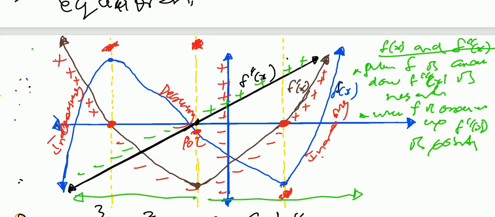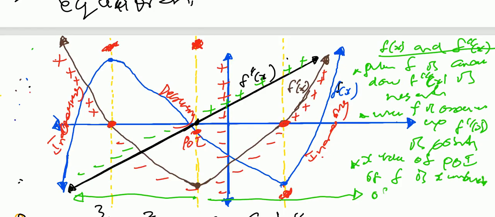And we can see that the x value of the point of inflection of f is what? Is the x-intercept of f prime prime x. So we can see that the x value of the point of inflection is indeed the x-intercept of our straight line.